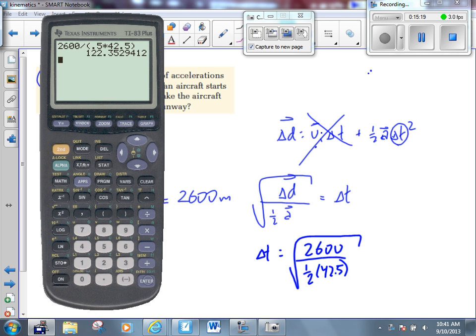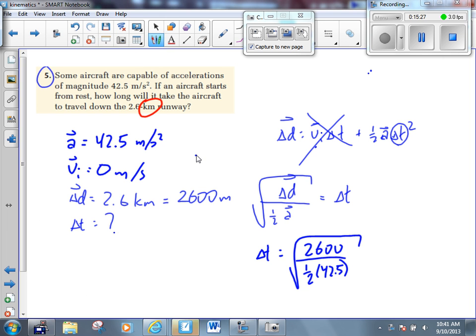Okay, inside the square root sign, that gives me 122. Let's square root that now. Becomes 11 meters per second, or 11 seconds, I should say. So this plane is starting at rest and traveling down a 2.6 kilometer runway in a grand total of 11 seconds.